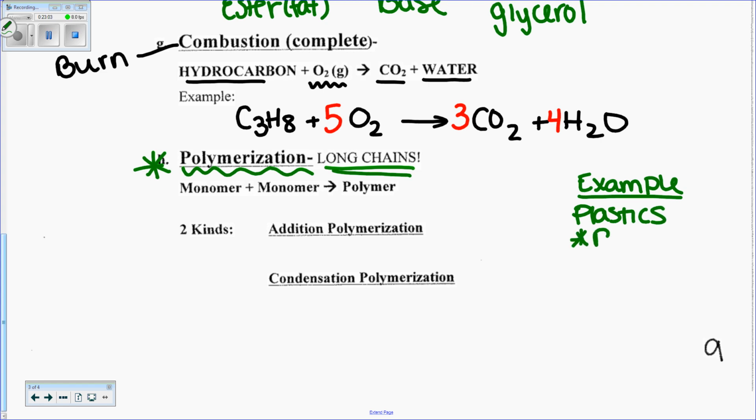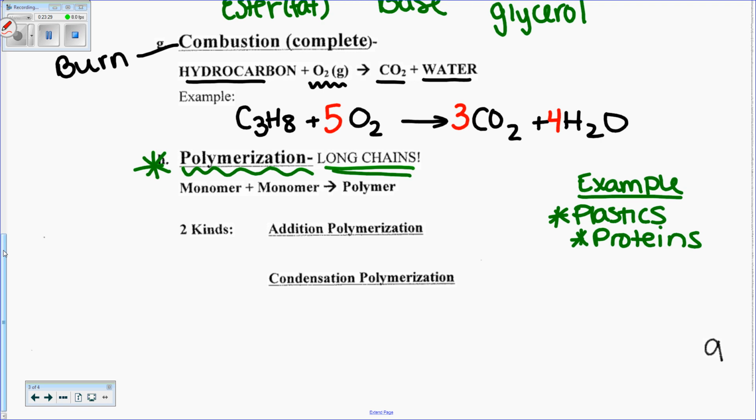Proteins. If I have some runners or athletes listening, when you think that you want protein for your muscles, the reason I eat proteins when I want energy is because it's made of really long chains. So it takes a long, long time for it to break down. That means my body is going to have energy for longer.